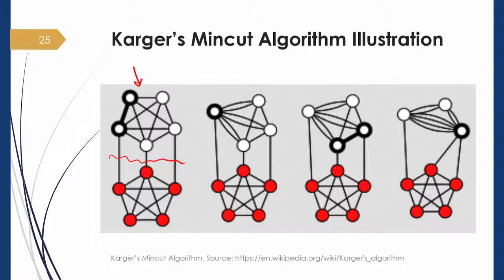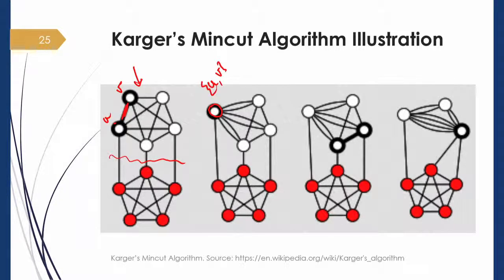So, let us see how that works. There are several edges. The algorithm picks one of these edges uniformly at random. Here the edge that is picked is this one, and it is connecting two vertices, u and v. Now this edge has to be contracted, and we get a super node that includes both u and v.